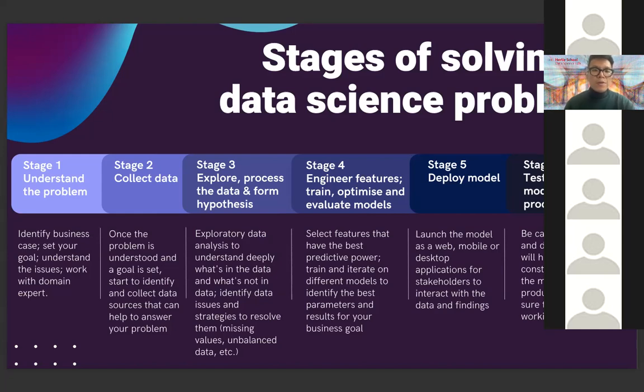And this is also where you start to identify the different issues in the data. For example, there could be missing data issues, or there could be unbalanced data issues. And so you start to come up with the different strategies on how to solve them, and how to actually do imputation of the data so that you have a full data set that is ready for modeling and for engineering of features.